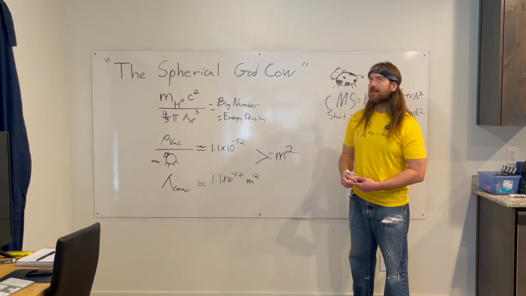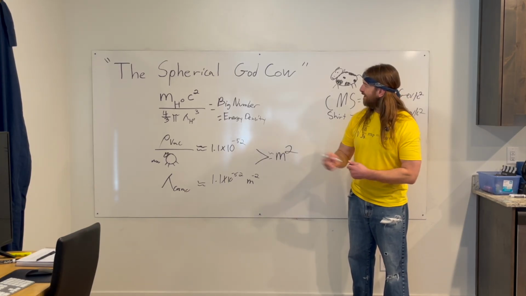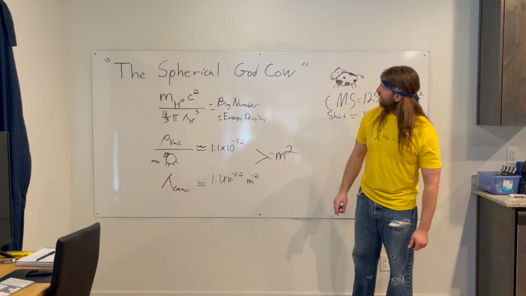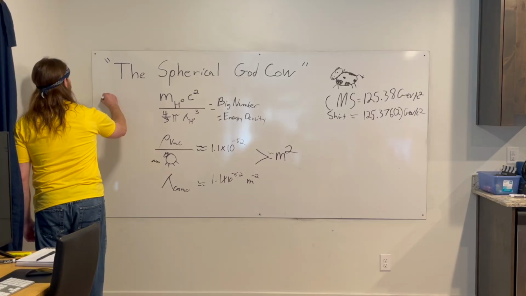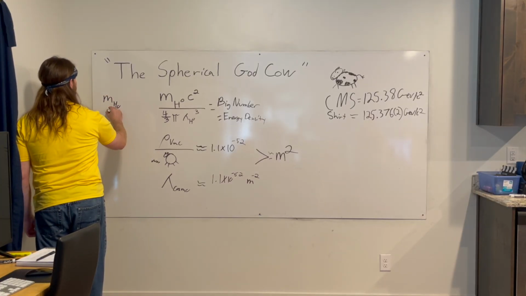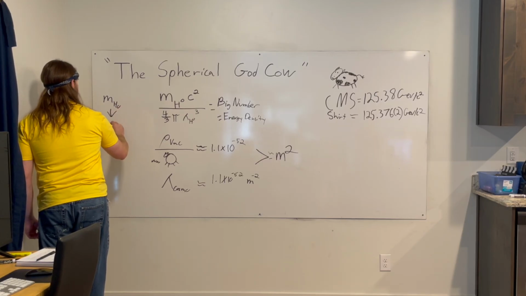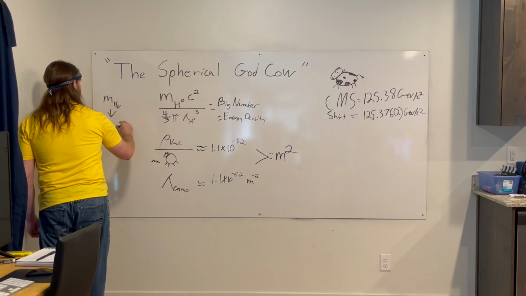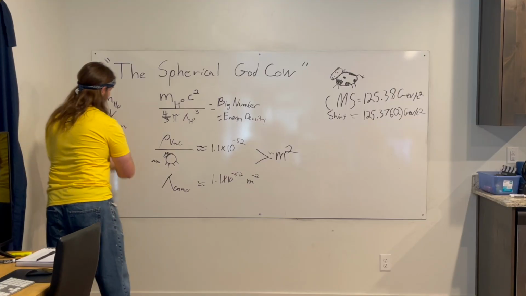And I think, what was the factor I used? I think it's literally, to go from the Higgs, so mass of Higgs to the Z boson, I think it literally is a factor of e to the 1 over pi.